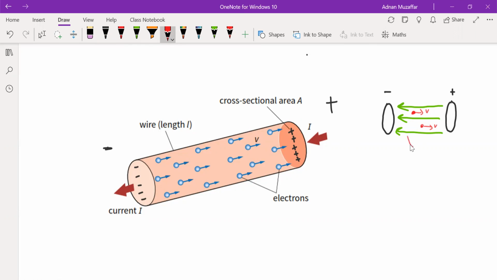So this is basically the electric field between the ends of the wire. So there is a uniform electric field between the ends of the wire, and electrons are drifted towards the positive end in the opposite direction of the electric field. And this speed will be constant speed. So this is the basic concept of drift speed.